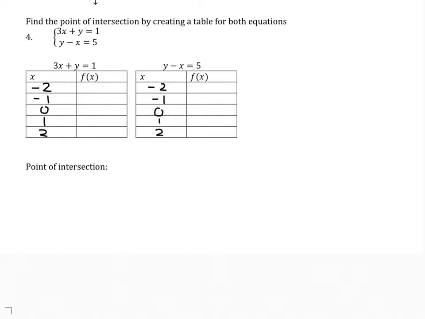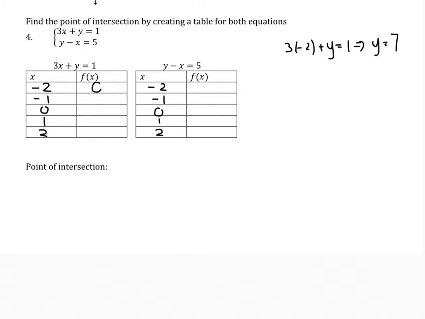And then let's calculate the values. So how do I calculate it? I simply plug it in and then solve for y. So 3 times negative 2 plus y equals 1. So my y value is going to be positive 7.